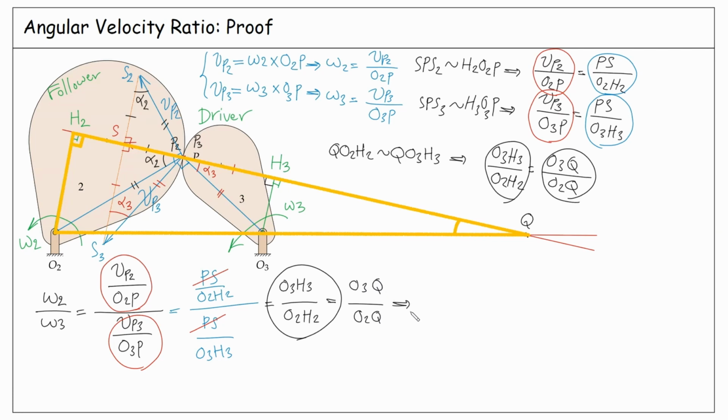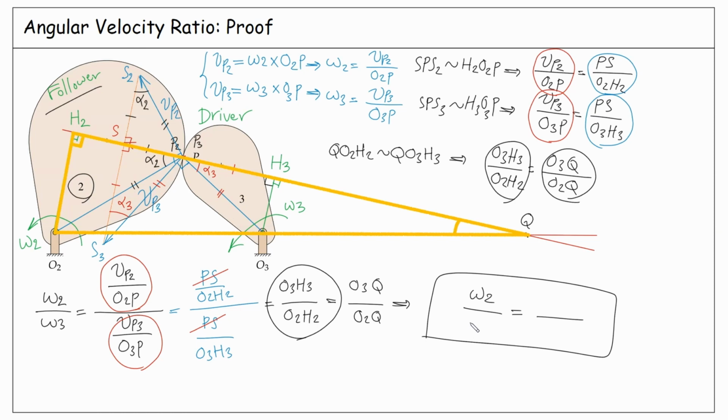So the final formulation for the ratio of the angular velocities becomes omega 2, angular velocity of follower, over omega 3, angular velocity of driver, is equal to O3Q over O2Q. And we notice that point Q is the intersection of the line of transmission with the line of centers.